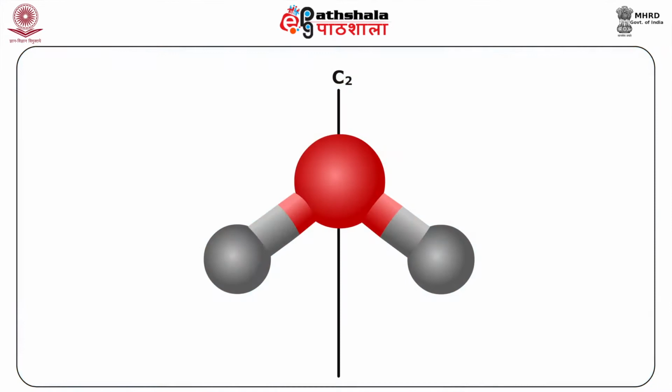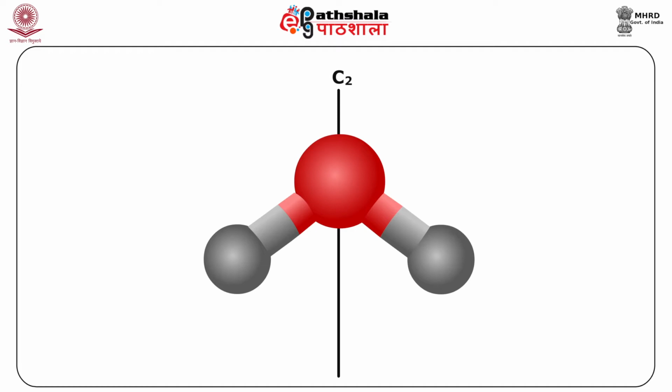Molecules may contain one or more proper axes. Let's consider the simplest molecule, the water molecule. It has a C2 axis. What I mean by this is, if we rotate the water molecule by 180 degrees through this axis, we get an identical molecule again.